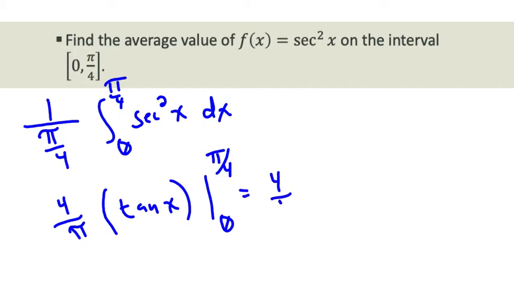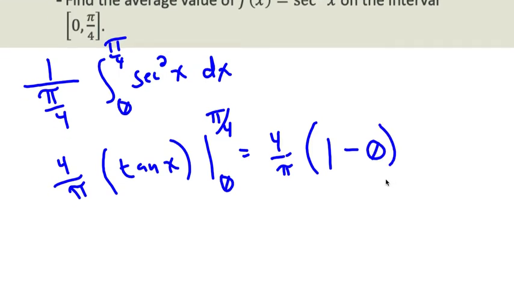So I have 4 over pi. Tangent of pi over 4 is 1, minus tangent of 0 is 0.